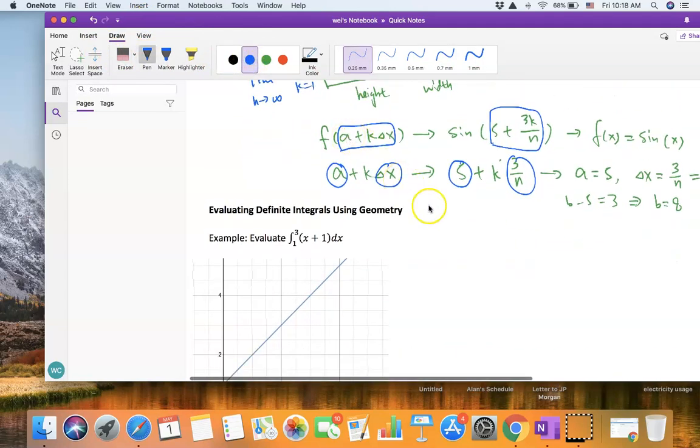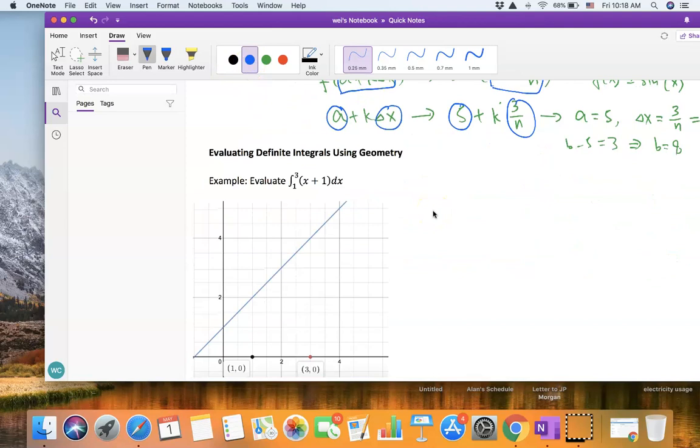All right. Sometimes we can use the geometric formulas to calculate the definite integral, if the bounded region has a shape whose area can be calculated by using those geometric formulas.